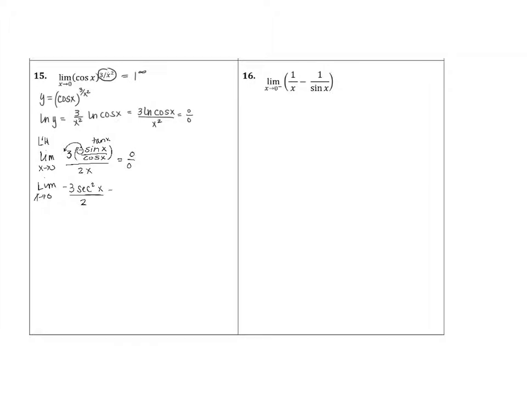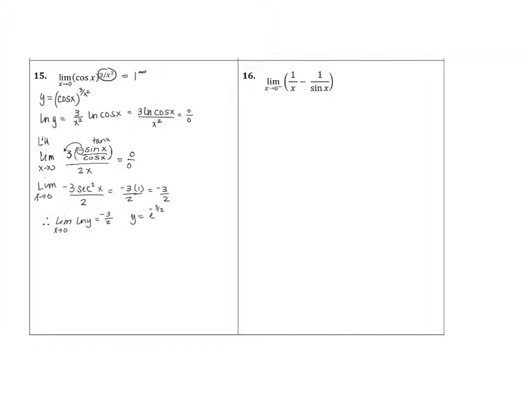Oh, that works out nice, because now that's going to be negative 3 times 1 over 2. So negative 3 halves. But wait, that's not our answer. We're coming back and saying, therefore, the limit as x approaches 0 of the natural log of y equals negative 3 halves. And so from here, we can say y equals e to the negative 3 halves.